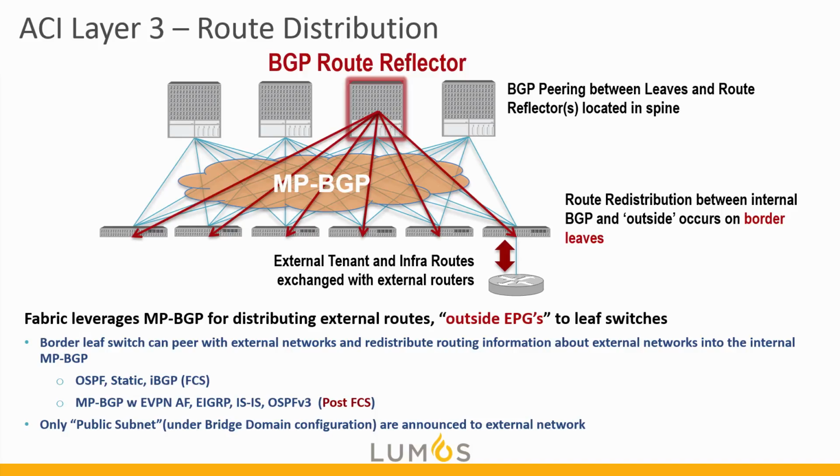Everything else is being sent through VXLAN, and if we happen to learn routes from the outside, we need some way of identifying the ingress leaf, really the ingress VRF that it came in on, and propagating those out to, first of all, only the other leafs that have that VRF running.